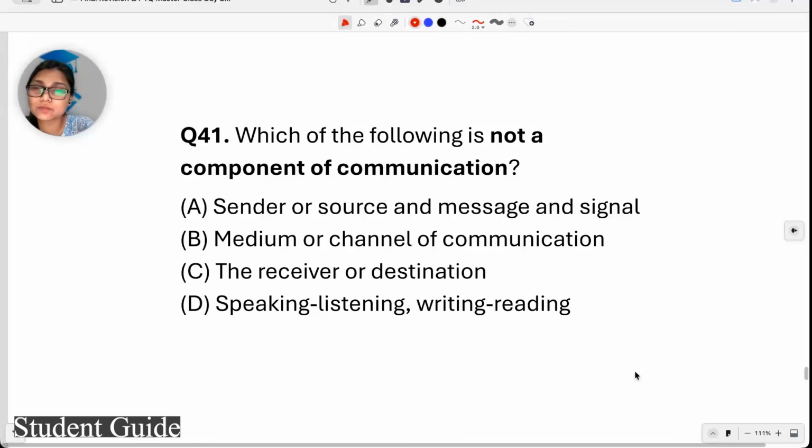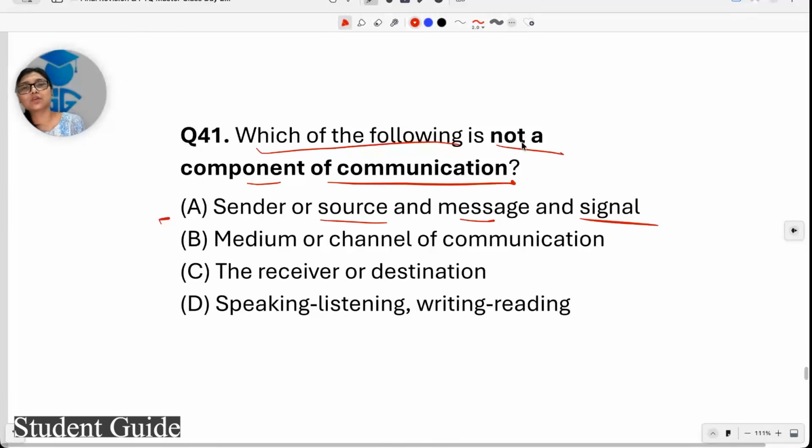So quickly moving to the first question of today's session, and the question is, which of the following is not a component of communication? So this is coming from the communication part, and quickly going through the options. First option is saying sender or source and message and signal, not a component.